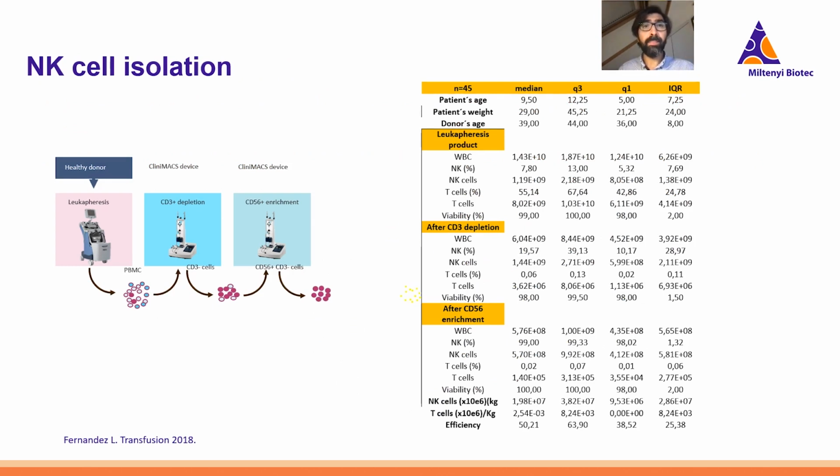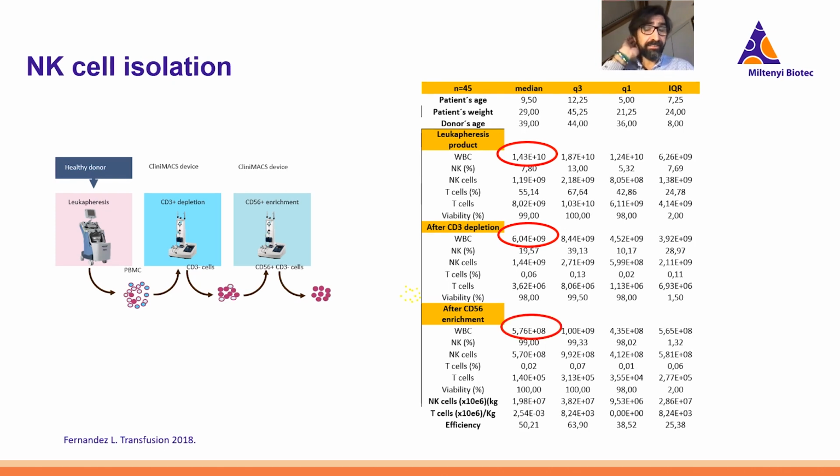But also we can incorporate NK cells in the graft. For example, we can start from an apheresis, starting from 1.5 times 10 to the 10, and after a first step of CD3 depletion, we can enrich our product from 7% NK cells to 15% NK cells, but we deplete the T cells from 50% to 0.6% T cells.